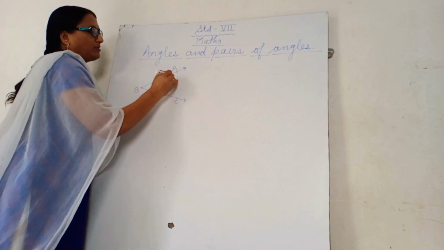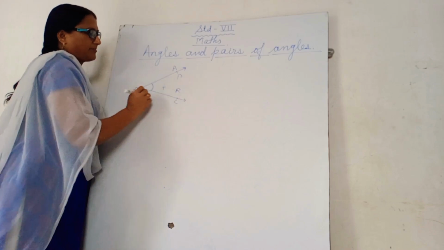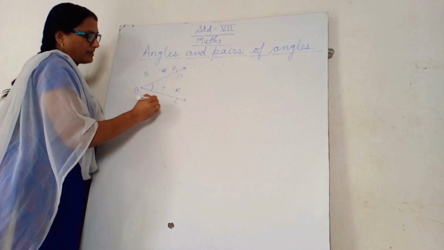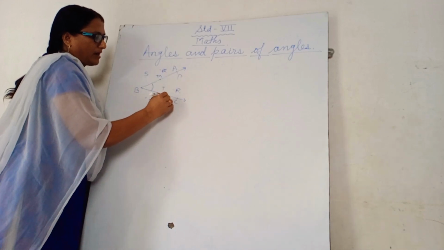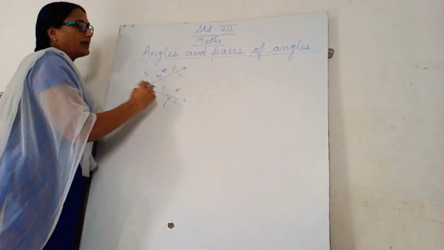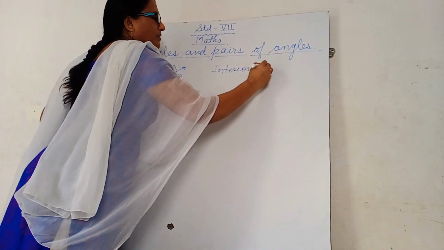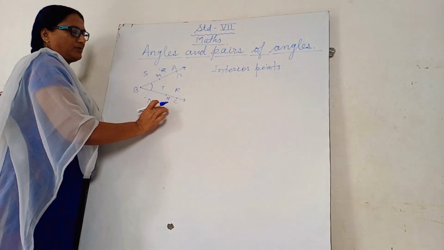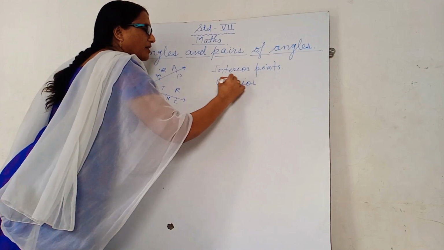Just like the points which are inside the angle: P, T, R, Q, S, N, L, M, H. Points which are inside the angle are interior points. Points which are outside of the angle are exterior points.